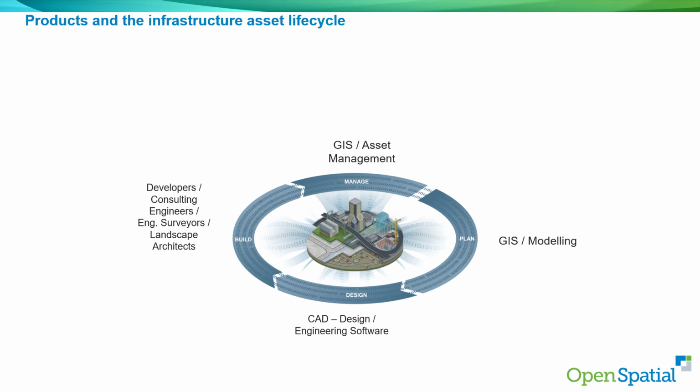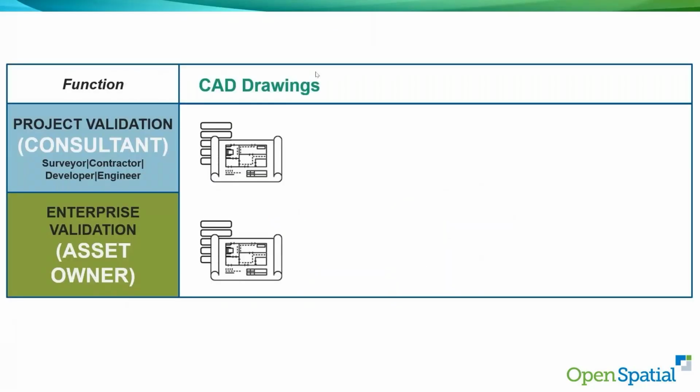So basically where the portal sits is in this whole infrastructure lifecycle management between the design, build and manage phase, between the developers, consulting engineers, engineering surveyors into the asset owners to handle the GIS and asset management. They've got to manage all of that information, where all of that is sitting.